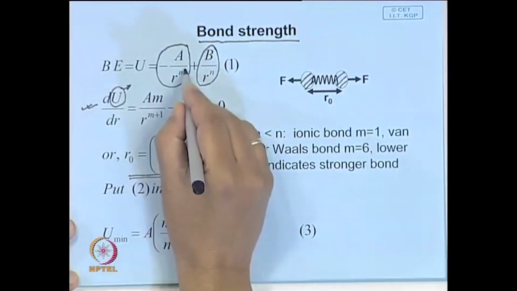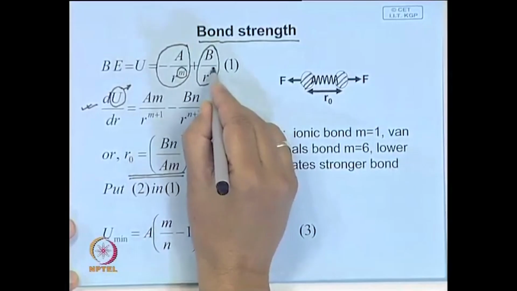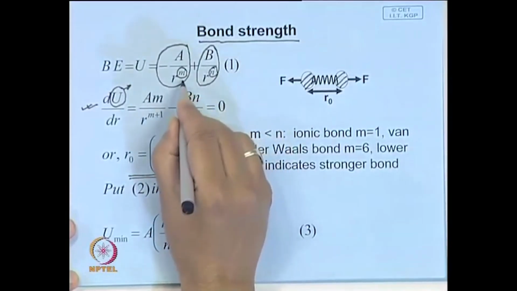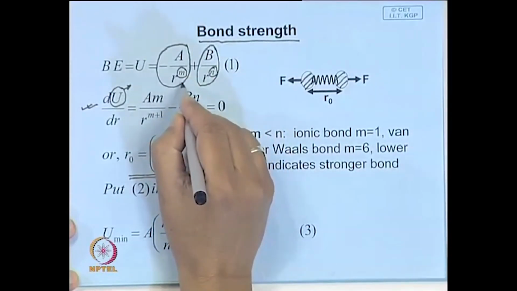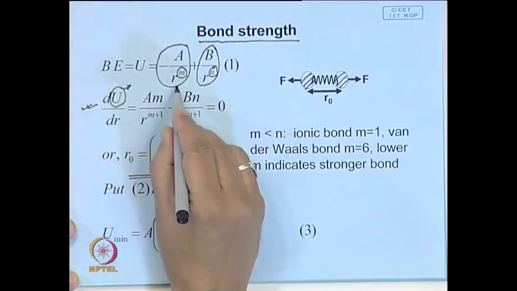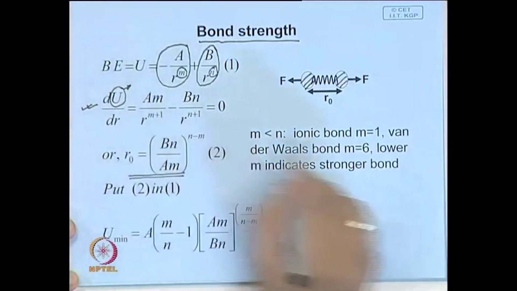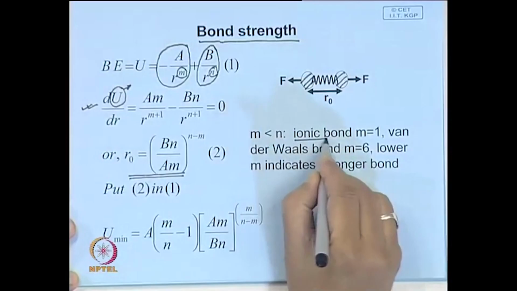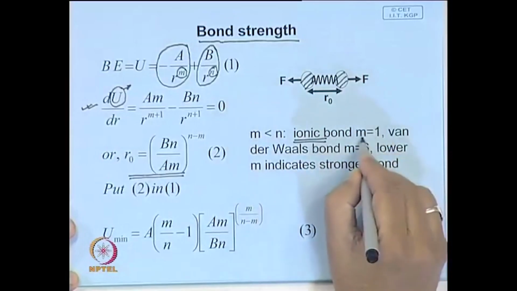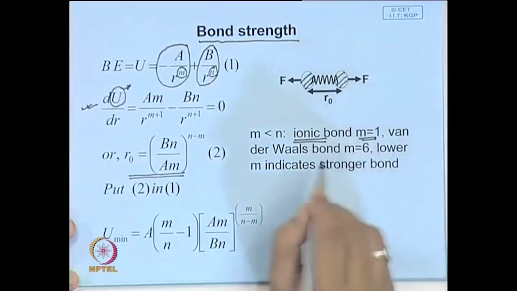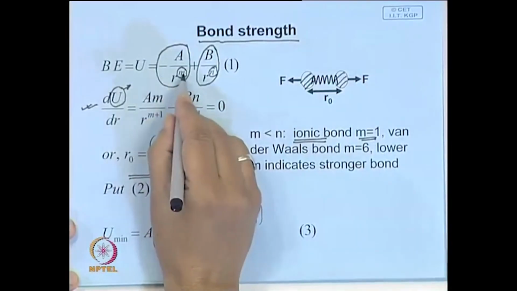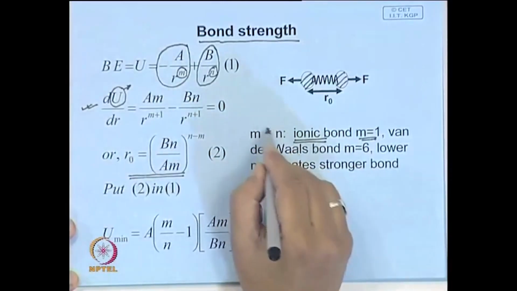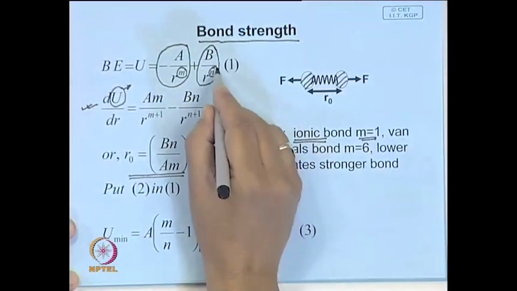Usually look at this exponent m and n. Now, this is the attraction force. In case of electrostatic bond or ionic bond, this m is 1, and m is always less than n.